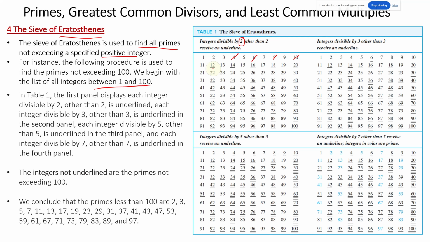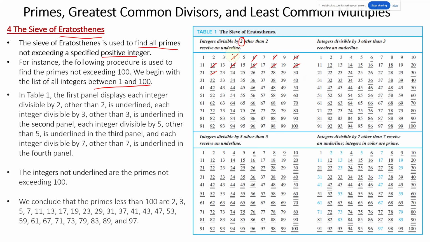Because these numbers are multiples of 2, they are not going to be prime. We said a prime is divisible only by 1 or itself. So if I can divide by another number, that means this is not going to be prime. That is the idea behind all these underlines here.